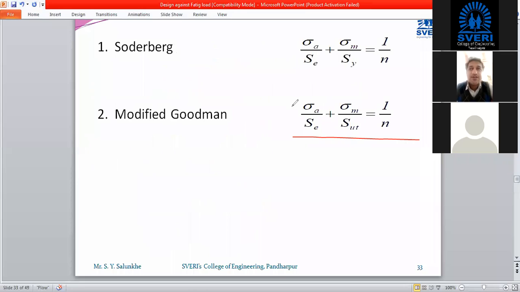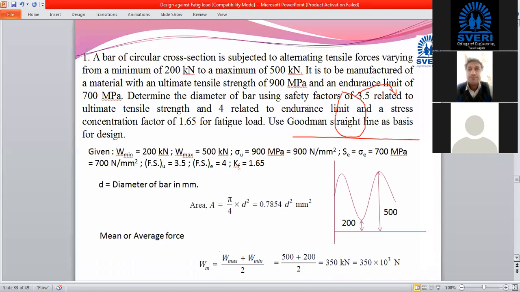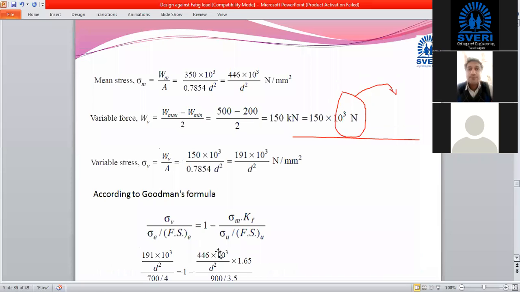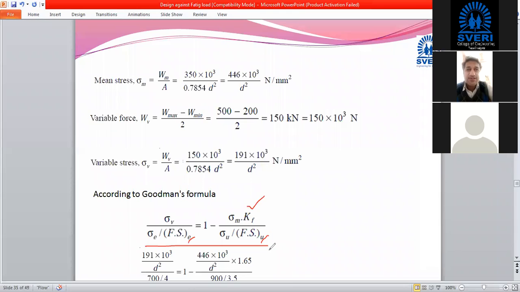We take this n to the other side and rewrite the equation. So we have got this equation where we consider the endurance limit, the factor of safety, the SUT factor of safety, and the theoretical stress concentration factor.